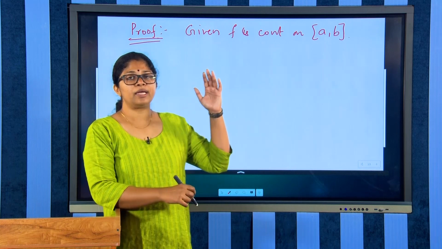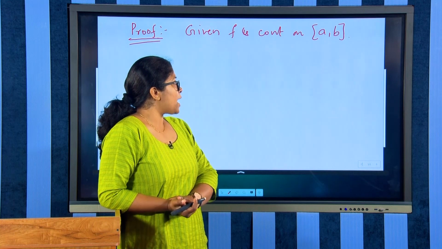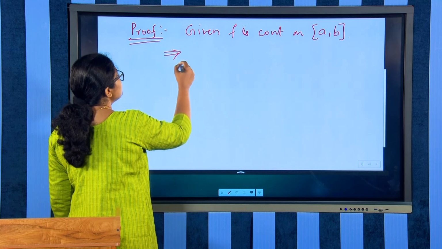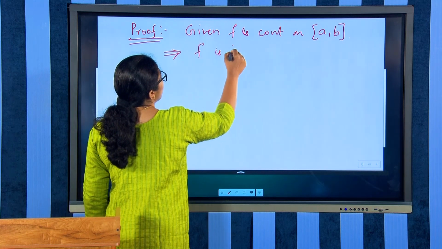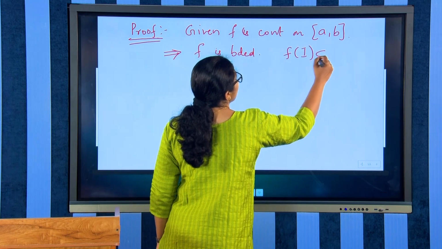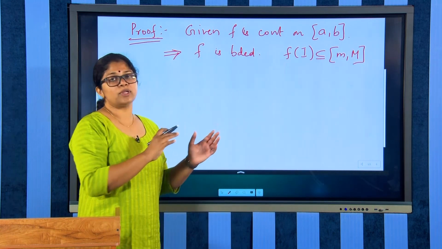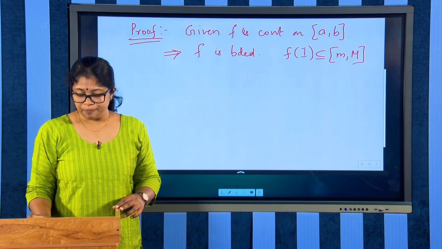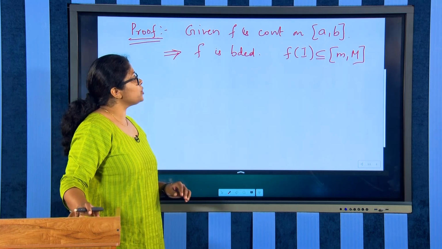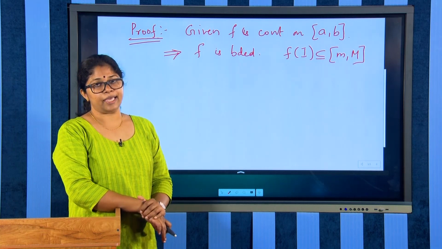We have been learning many theorems regarding continuous functions on closed and bounded intervals, and f being continuous on a closed bounded interval indicates that f is bounded, f of I is contained in small m, capital M, and we have learnt the Bolzano's intermediate value theorem as well. So using these conditions, we are going to show that f is uniformly continuous on the interval I.